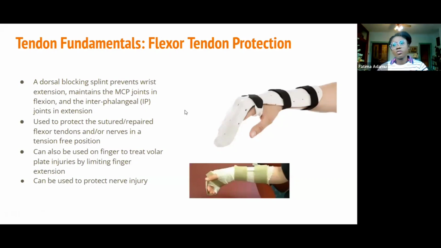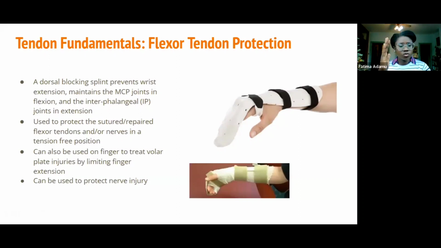It's just a good position to be aware of. If you're in a situation where you're not fully sure what structures are being affected, and you know that it's not an extensor tendon injury, right? Because if the patient cannot extend their fingers, that's when you want to keep things straight.